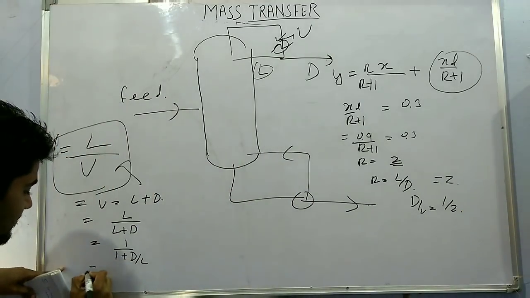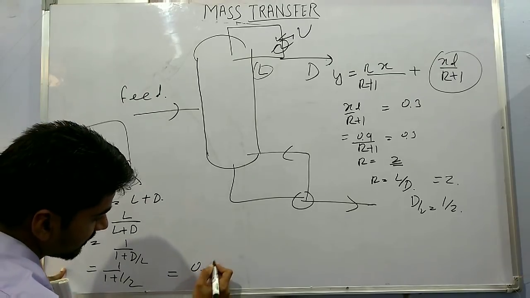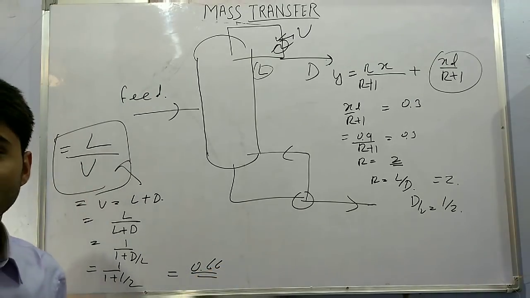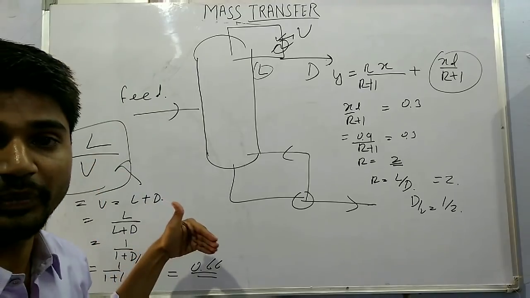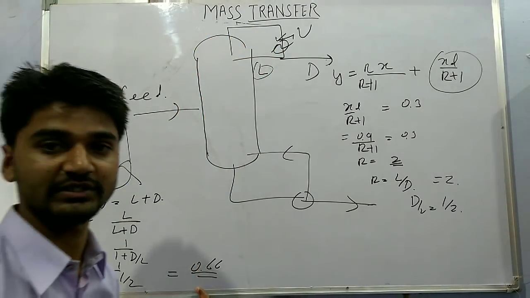So substituting this, we will get 1 upon 1 plus 1 by 2. That will come out to approximately 0.66. So the ratio of liquid to vapor in the enriching section from the top of the column is 0.666.